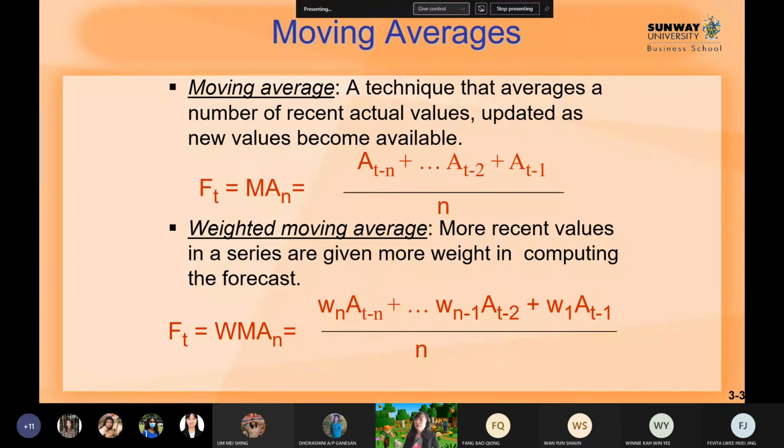When you have the moving average, it means you take the previous data, not only one; it could be 3 months or 3 years consecutively. Then you take them equally. Let's say you are taking a 4-period moving average, then you divide by 4.